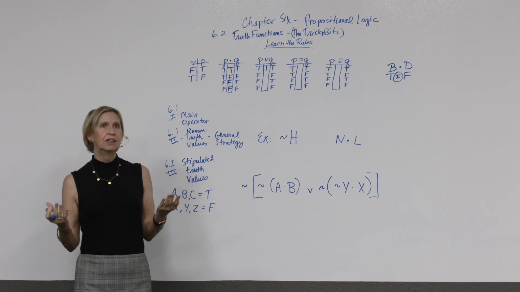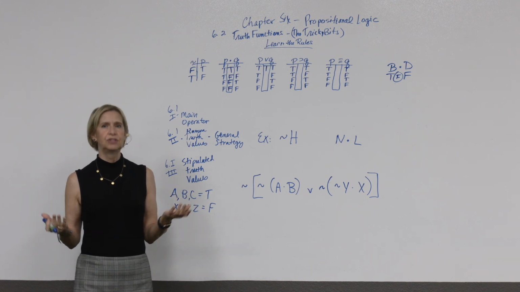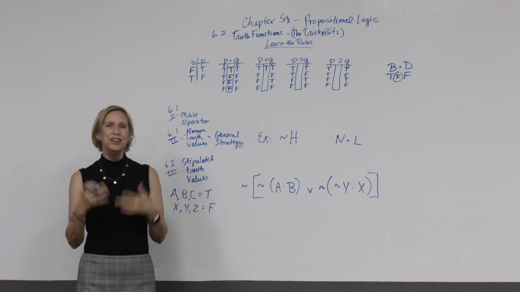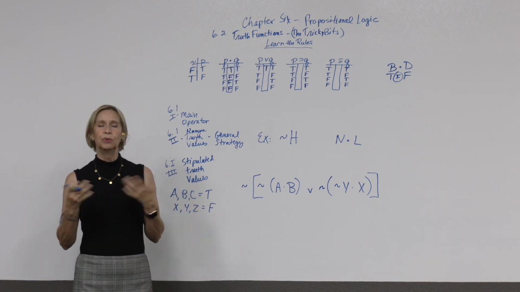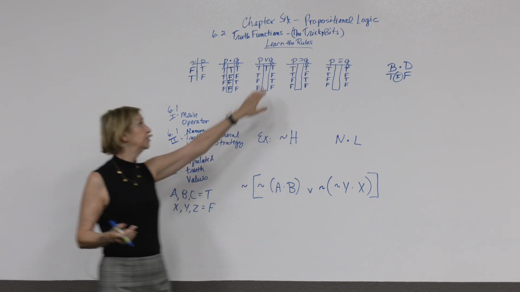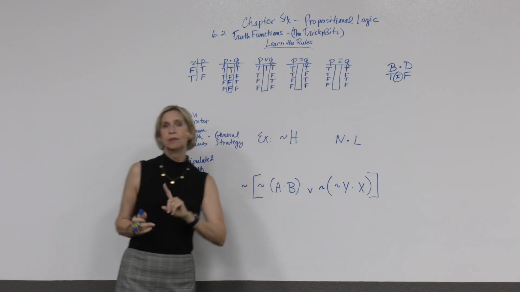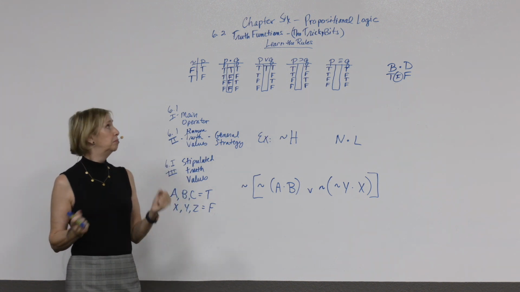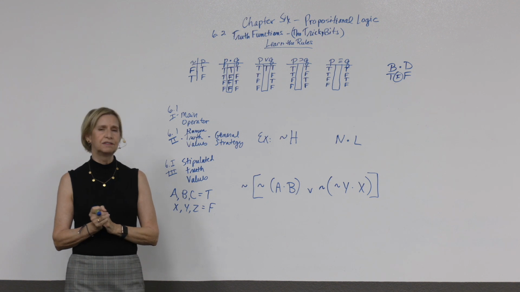You can see how or is sometimes used inclusively, like I'm going to have a banana or an apple for lunch. You can have both, and it would still be true. If I had said I was going to have one or the other, if I had both, it would still be true. There are some ors that are exclusive, like dead or alive, but that has to be symbolized differently.